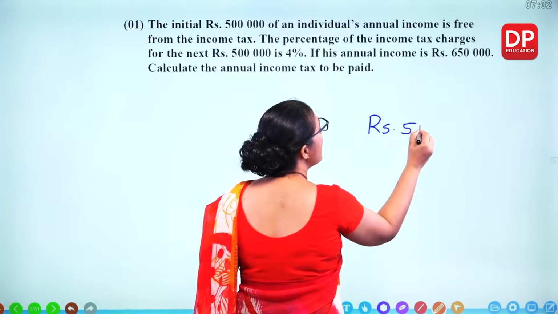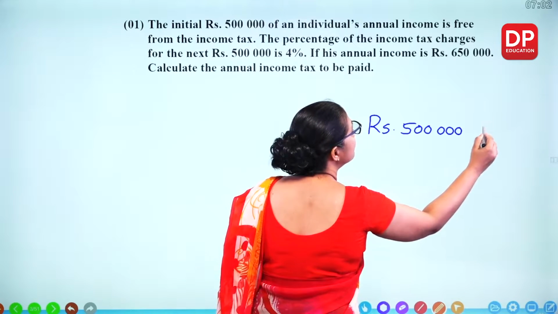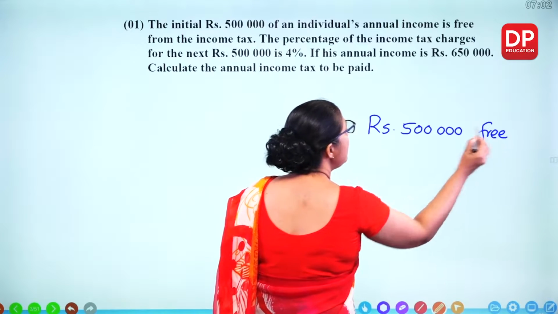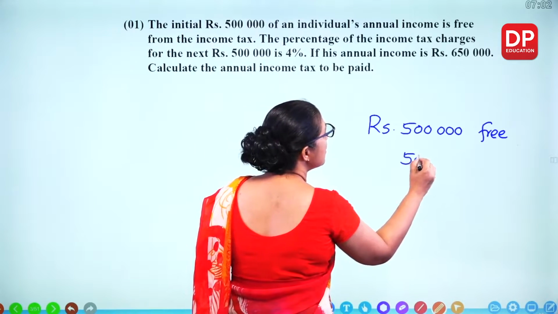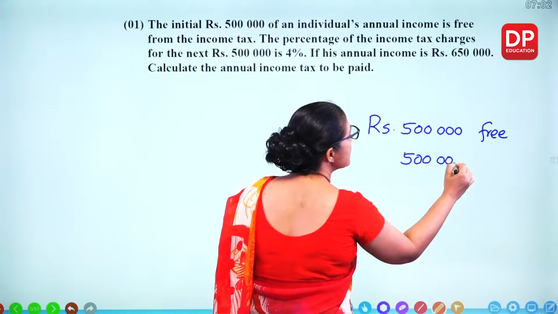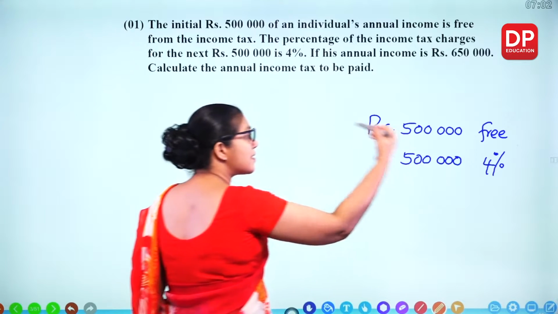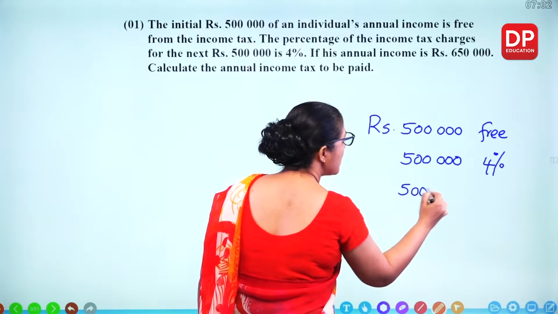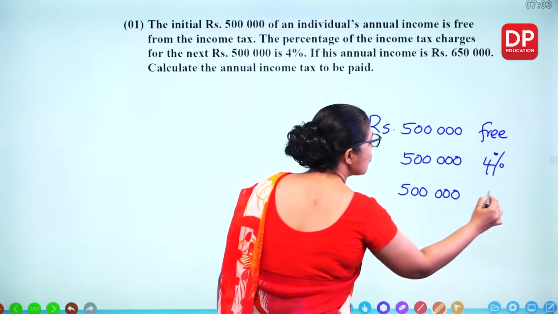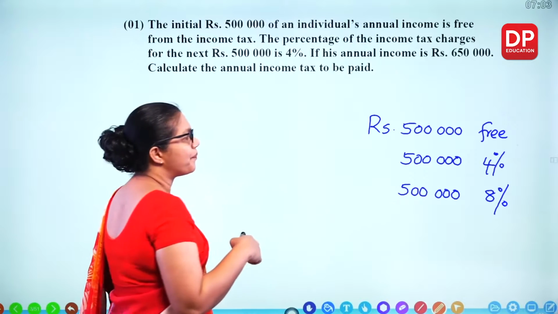First 500,000 is free, and for the next 500,000 they charge 4%. Then above that, for the other 500,000, 8%. So like that, these are multiples of 4.